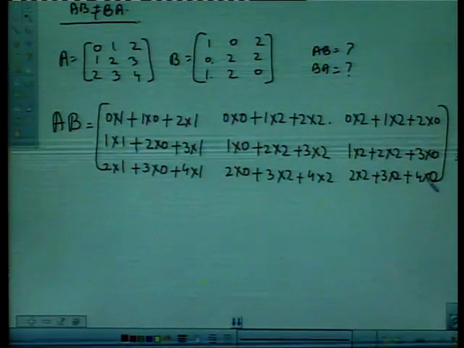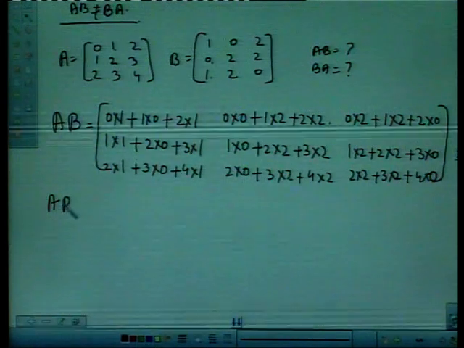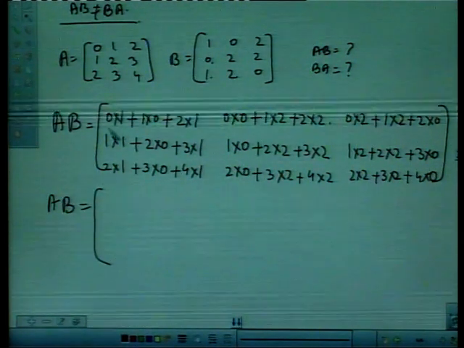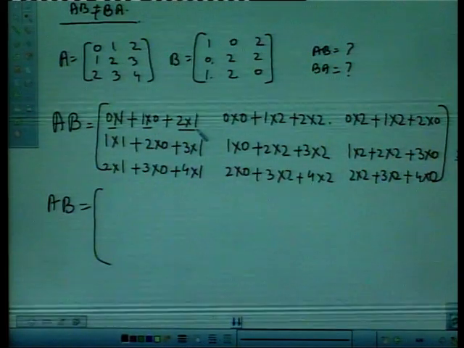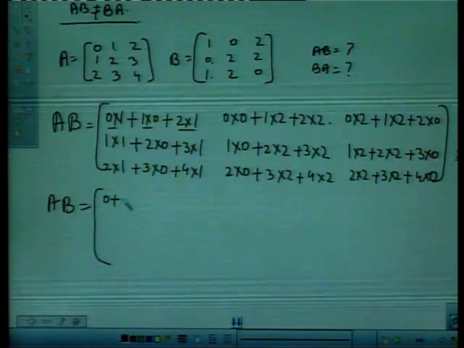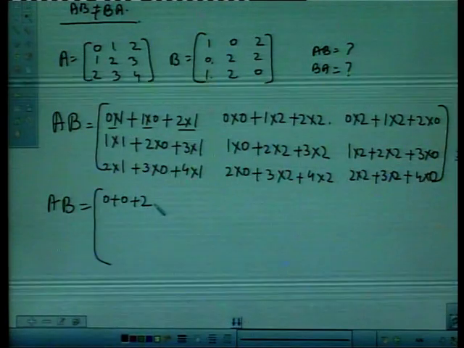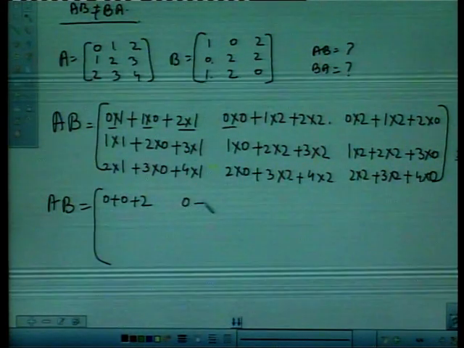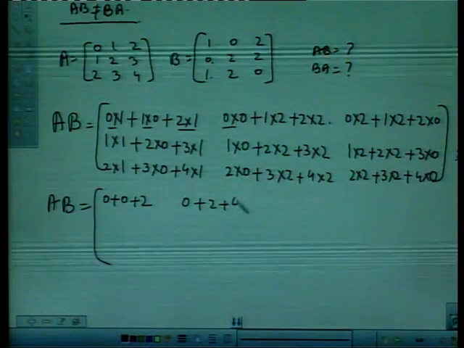Then what will we get? 0, 0 and this is our 2. We can write here: 0, 2 and 4.